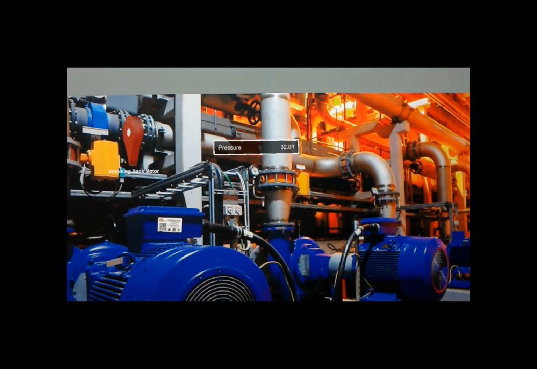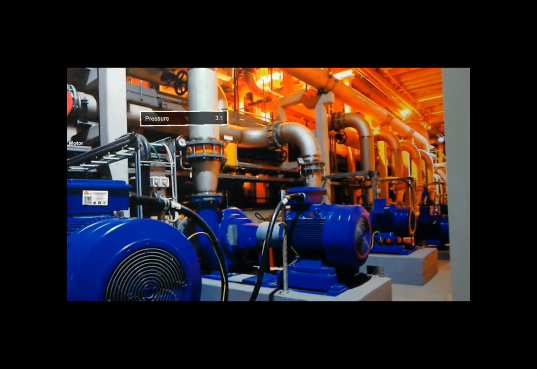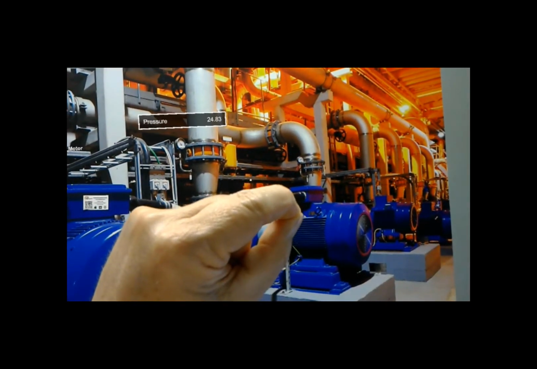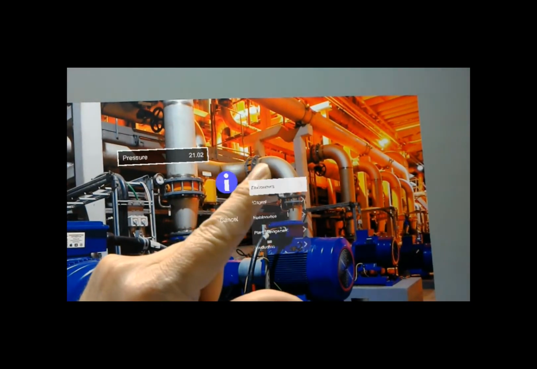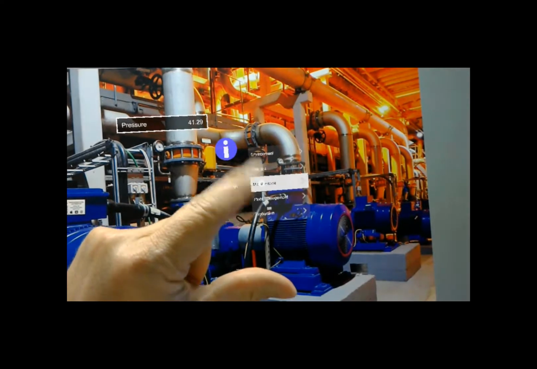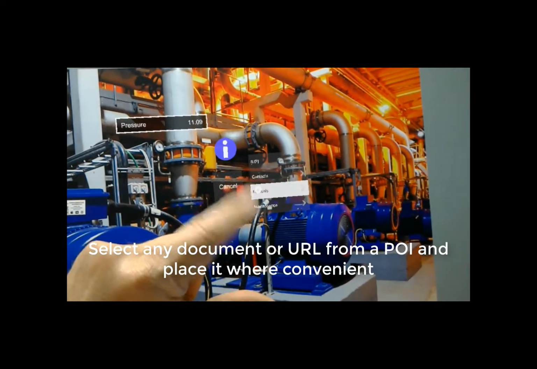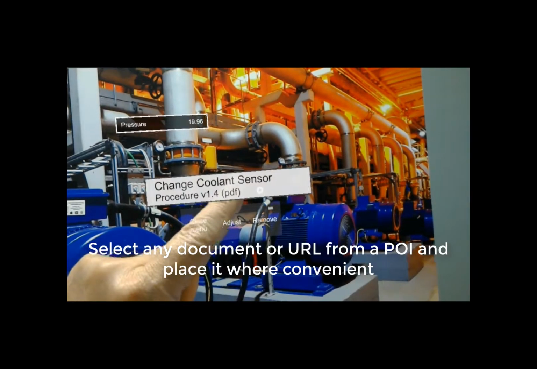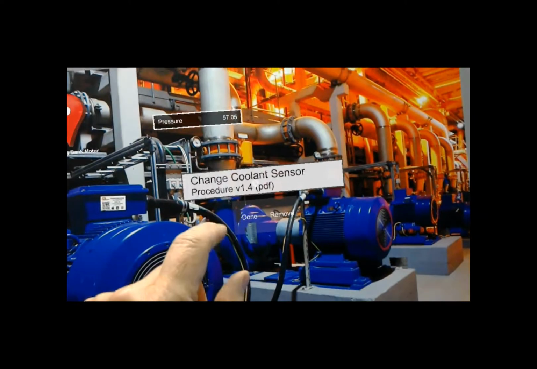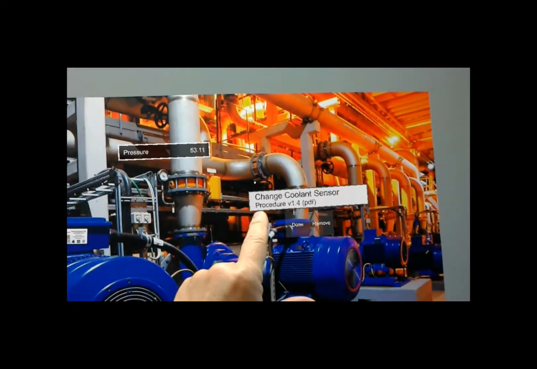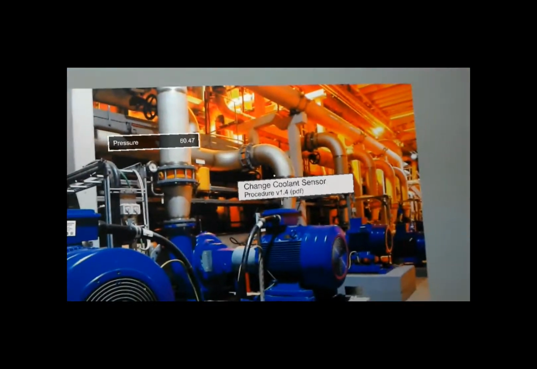If I want a document, let's say it's a set of schematics or something, I'll just gaze again and say, instead of using voice commands, I'll use a tap and hold. And then I'll go to info and release, tap. And then I'll go to maintenance, just pick, let's say coolant system, manuals, change coolant system. So now this is just a link to that document. I'll just click adjust, and I'll just put it, say, right above that motor, and I'll hit close menu.